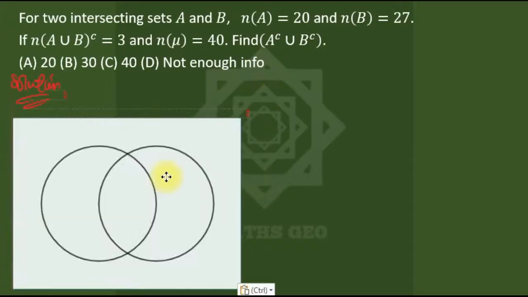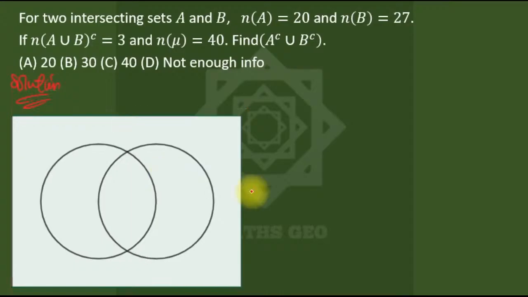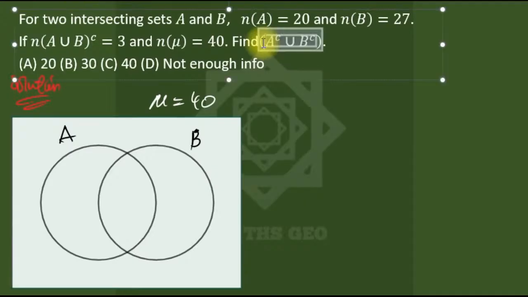So this is my Venn diagram with the two subsets, and the universal set is 40, while the sets are A and B. Let's just put n, where n means number.